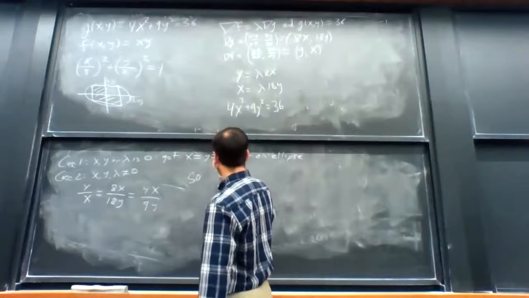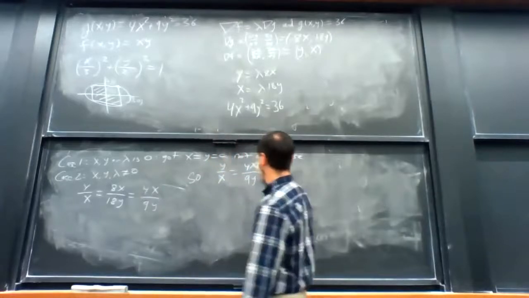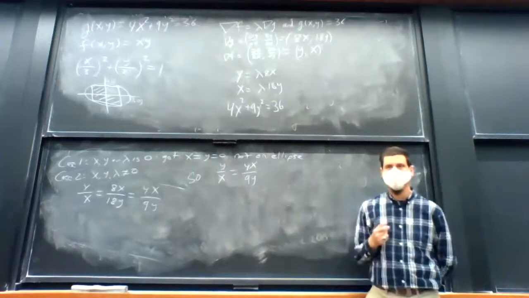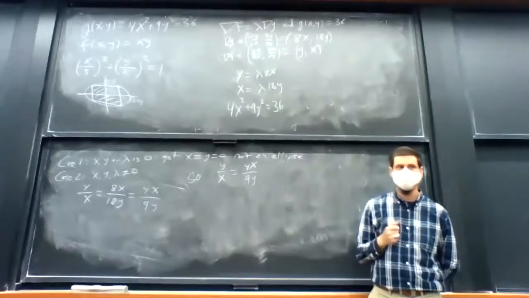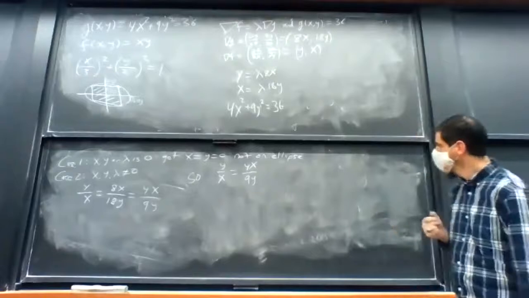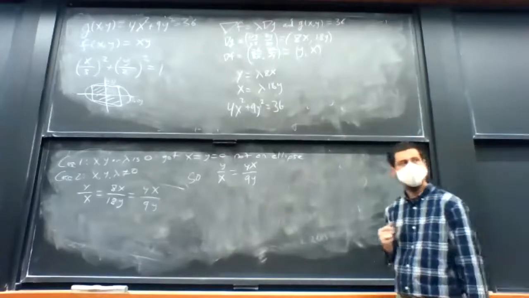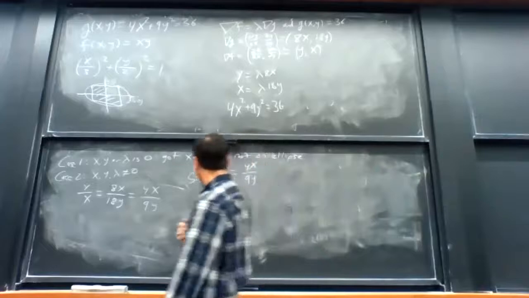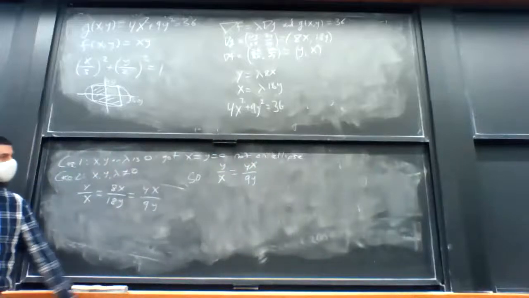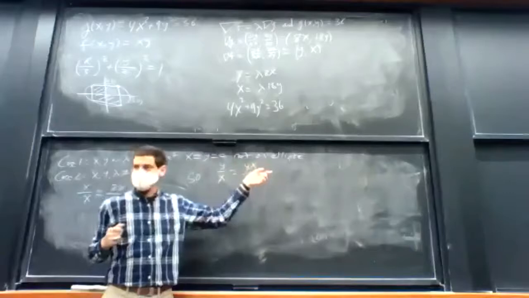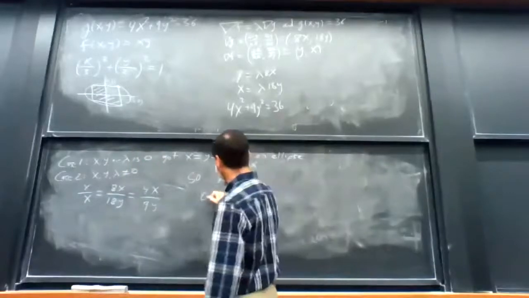So y over x equals 4x over 9y. What can we do? Yeah, we could just cross multiply, get rid of the fraction. So cross multiply.